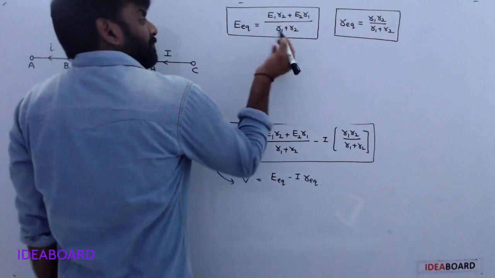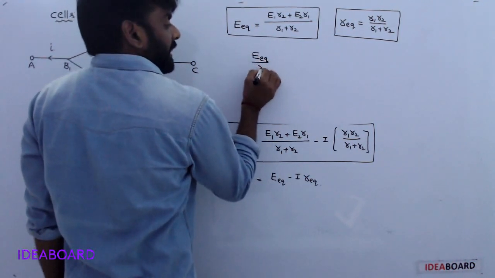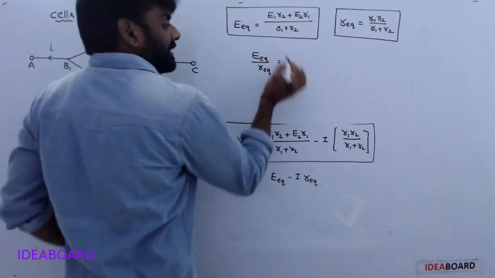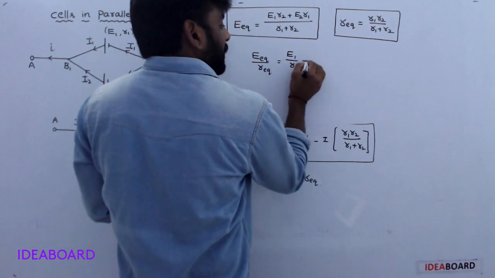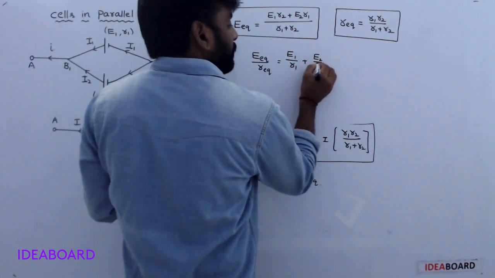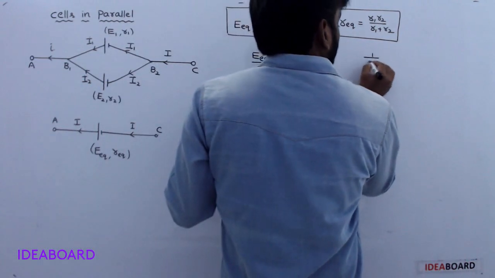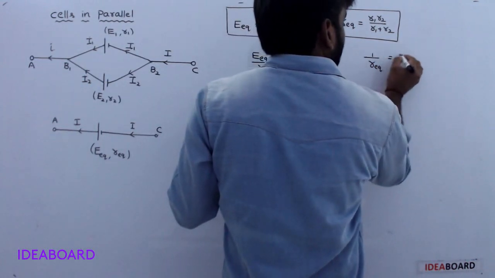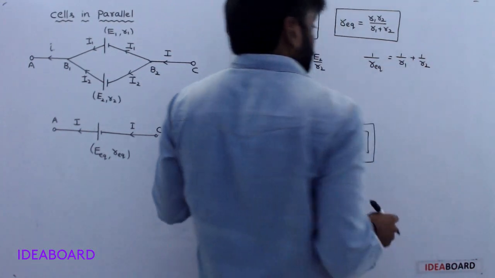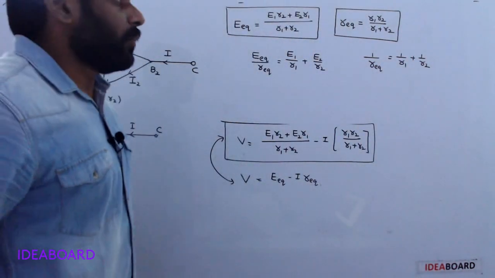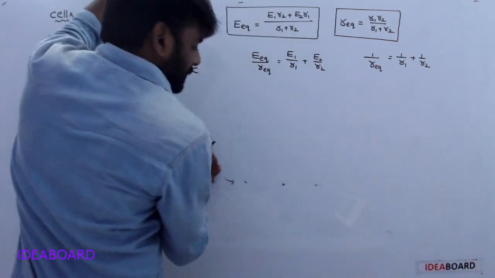Next, in simple form, E equivalent by R equivalent is E1 by R1 plus E2 by R2. And 1 by R equivalent is 1 by R1 plus 1 by R2.